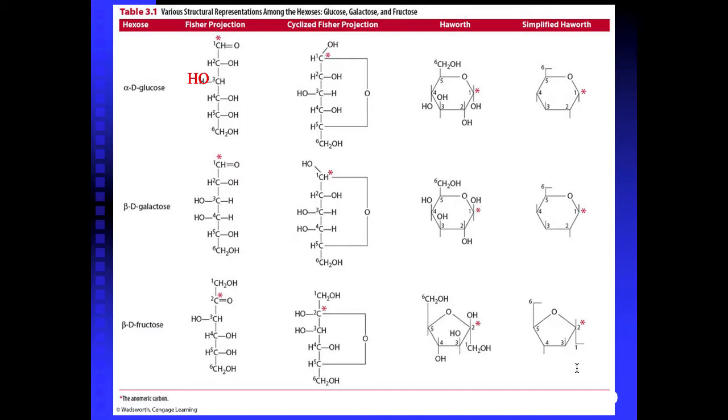So it's this hydroxyl group that matters, not the hydroxyl group that's attached to carbon number 1. Everyone have that? So for fructose, it's the position of the hydroxyl group on carbon number 2 that determines alpha or beta, not the hydroxyl group that's part of carbon number 1.